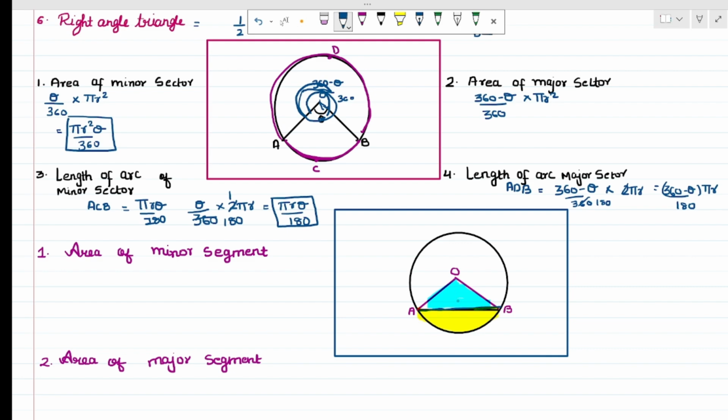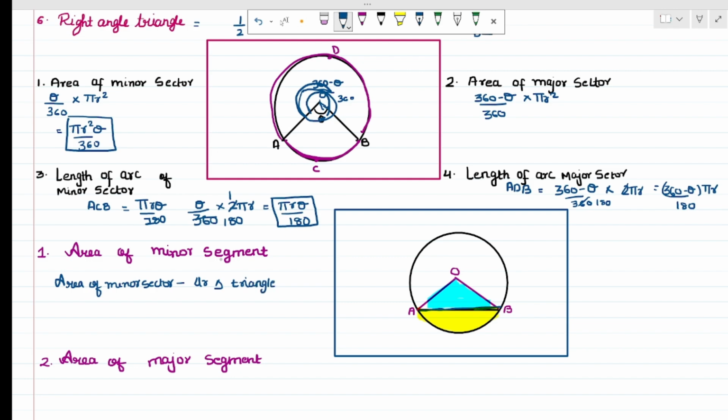So how can I find my formula for the segment? For the area of minor segment, you can write: area of minor sector minus, I did not want this blue part, so area of a triangle.